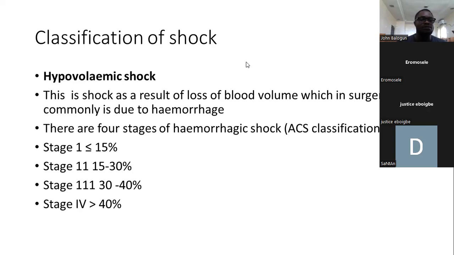Again, the systolic BP may be put at a value within 100 and 120, or we could just say the BP is 100. We could also give a urine output that's within 20 and 25, maybe 23 mils per hour.